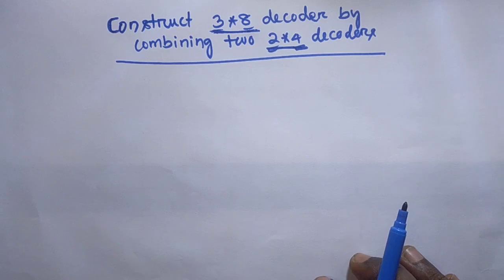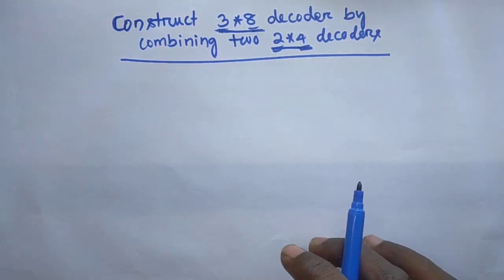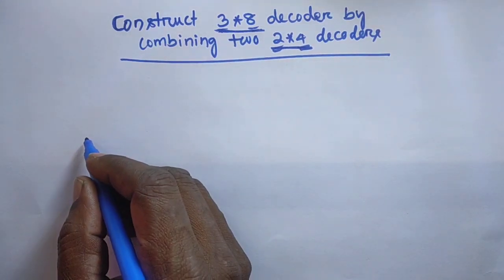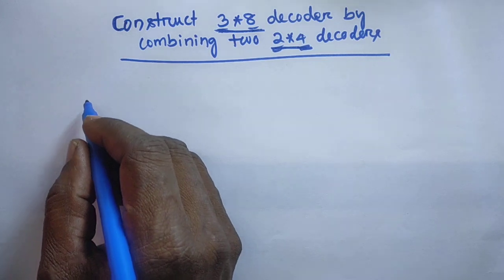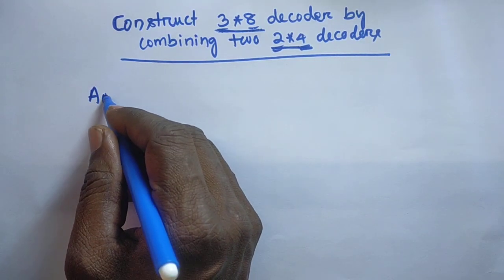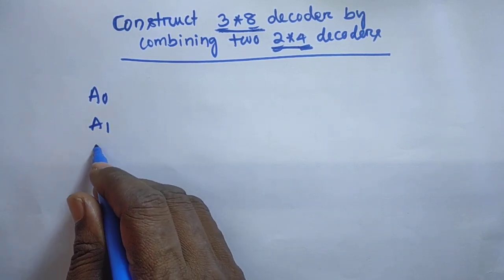Since we have to design a 3 to 8 decoder, we need 3 inputs: A0, A1, A2.